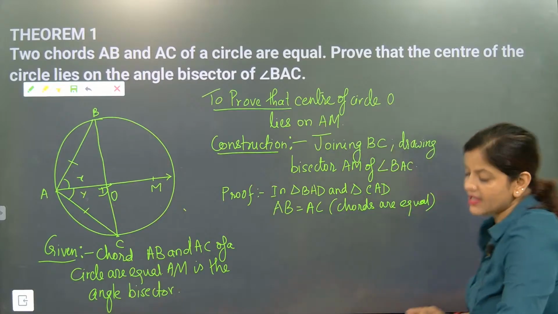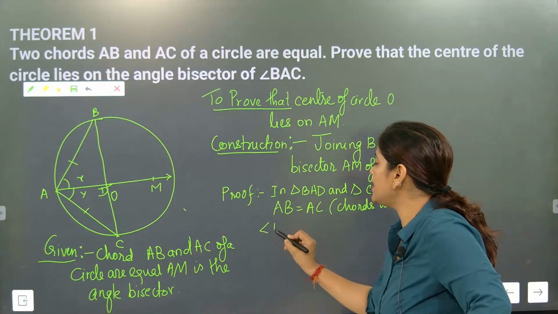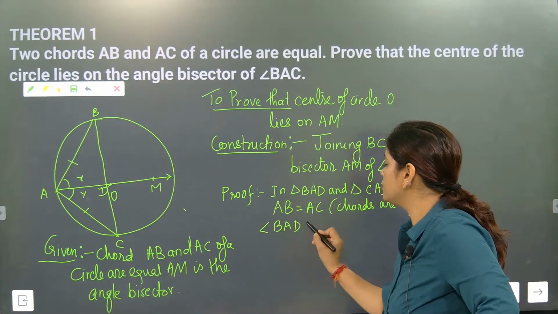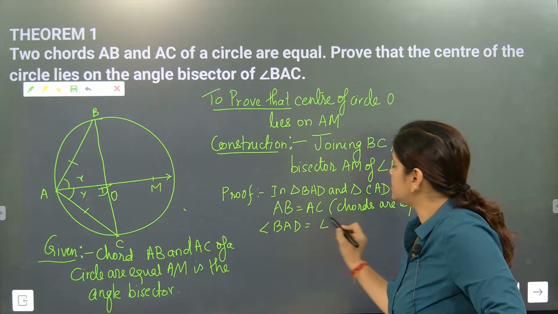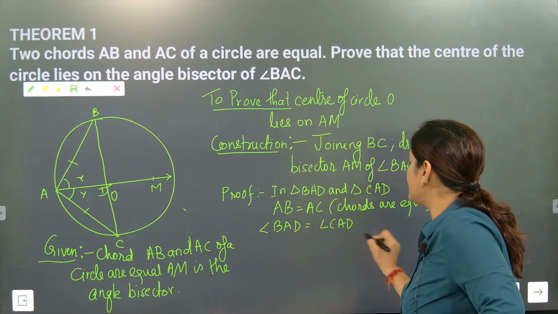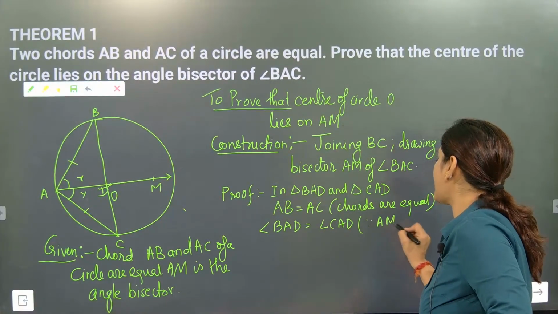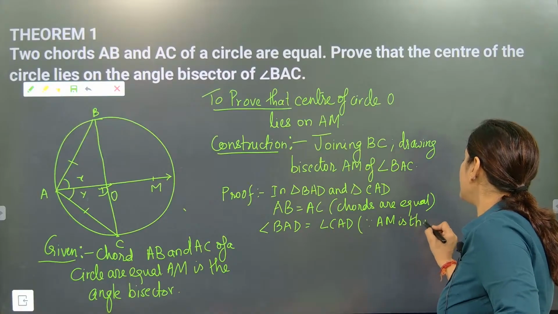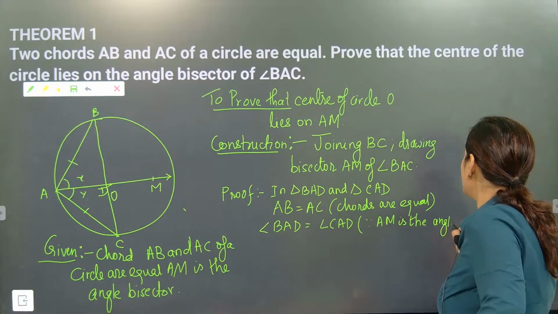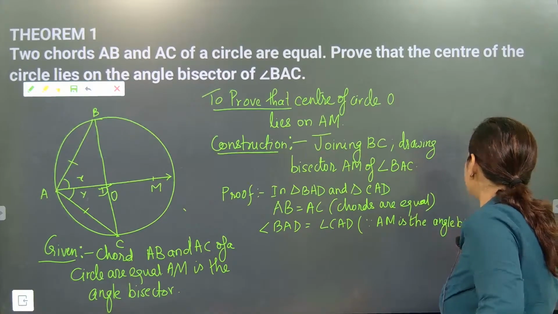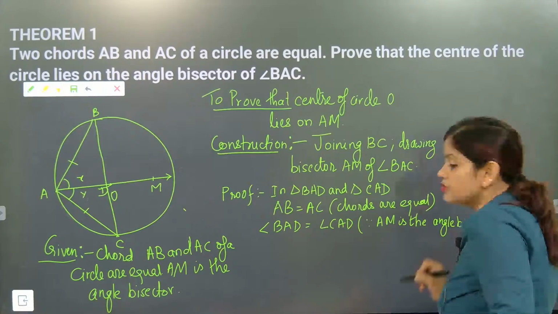So angle BAD is equal to angle CAD. Why? Because AM is the angle bisector.